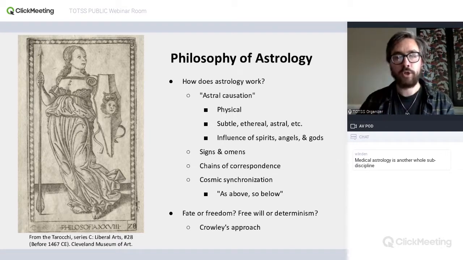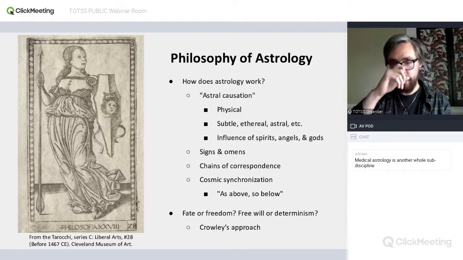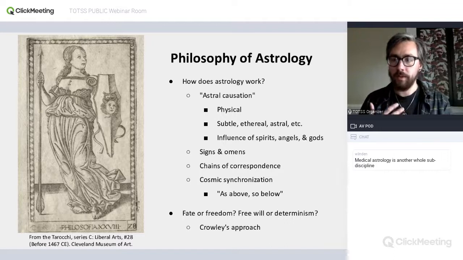We can also have astral causation in less physical, more subtle ways, like the idea that the planets, through these motions or the astral correlates of the planets, have an effect on the subtler layers of reality, and that's what affects things. So we can talk about the same sort of astral causation, but instead of operating physically, operating through an ethereal or astral or other kind of subtle causation.